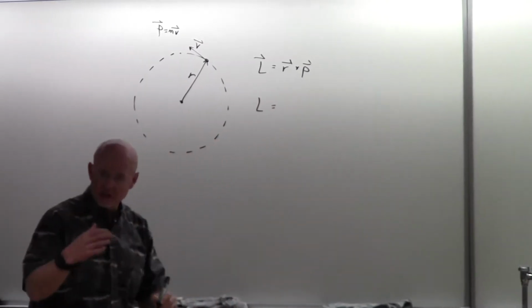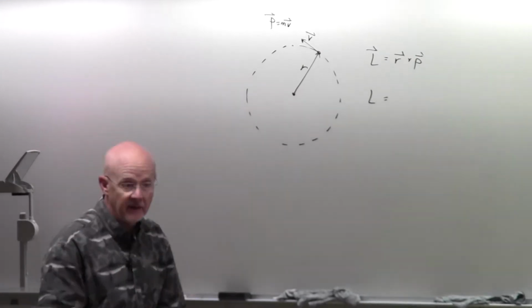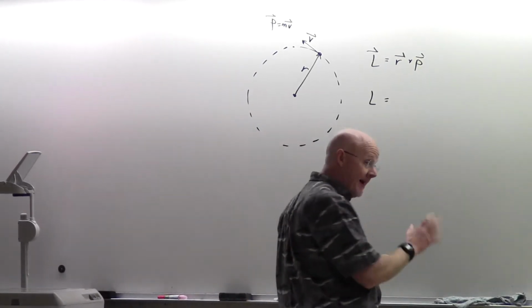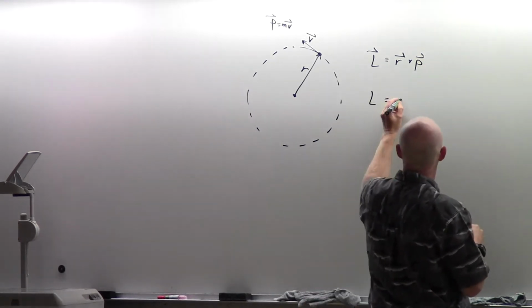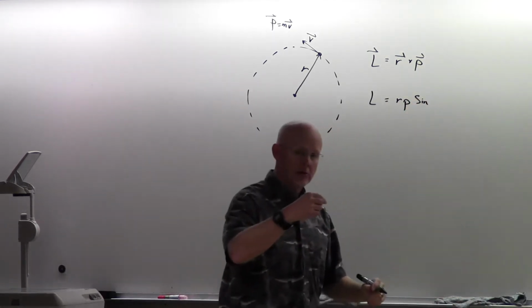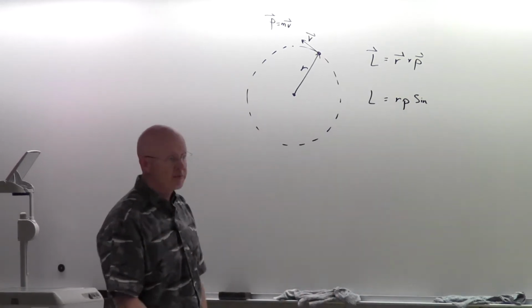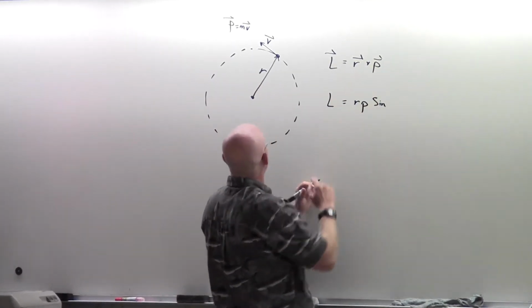The first piece, as I was trying to say, is what is the magnitude of it, and then the second one is what is its direction. So the magnitude would be r times p times the sine of the angle of what? And this is why we learned the cross product. When you write it as a cross product, it is the angle between r and p.